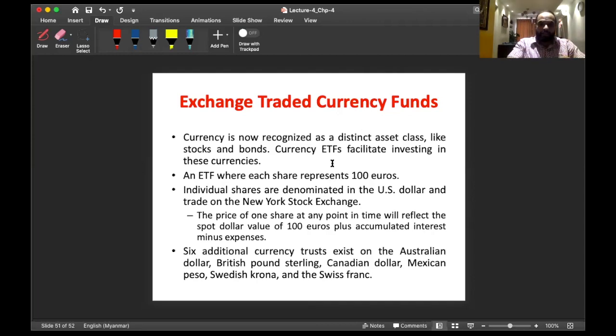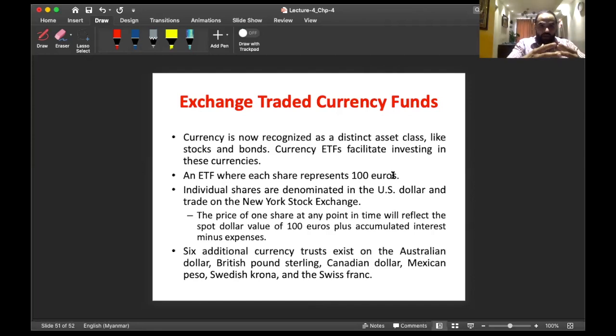So let's say one ETF represents a share in 100 euro, so one ETF in euro equals 100 euro currency. ETF is just, instead of buying a single euro, we buy a bunch of euro.